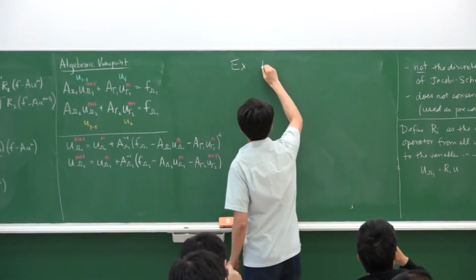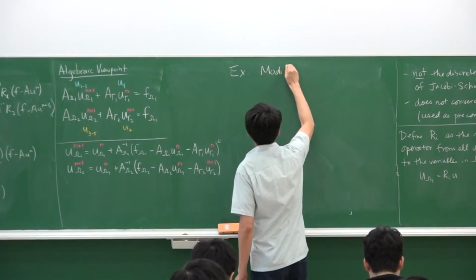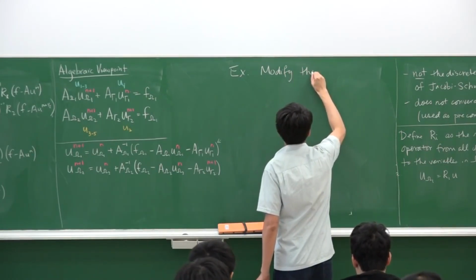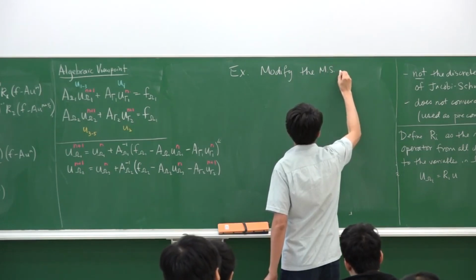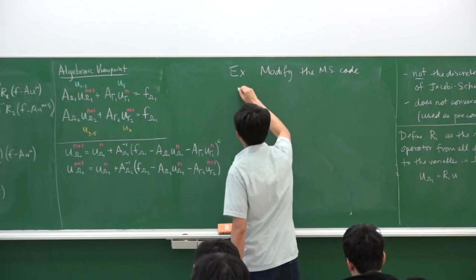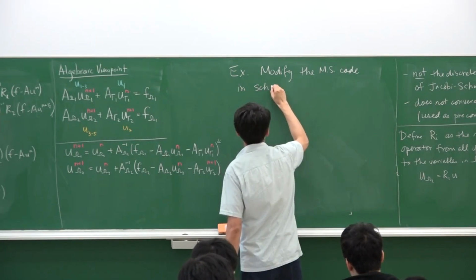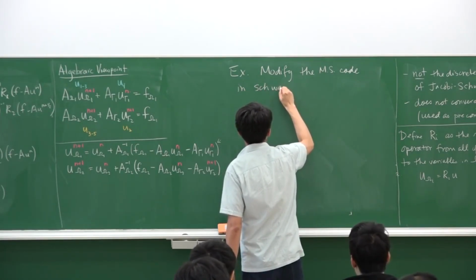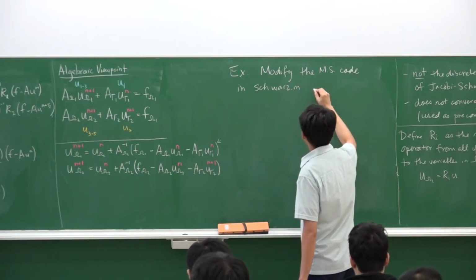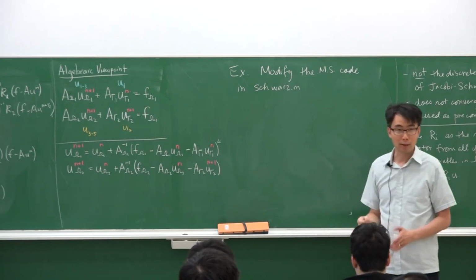The exercise is simply to modify the multiplicative Schwarz code in the Schwarz.m file so that you can do a larger problem.